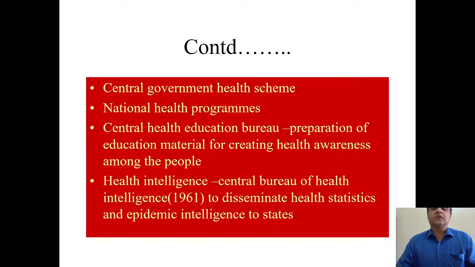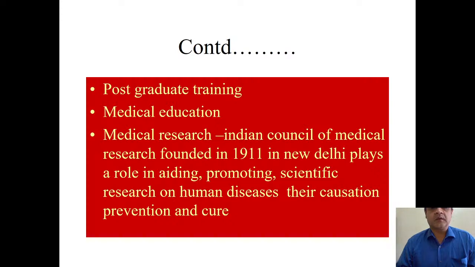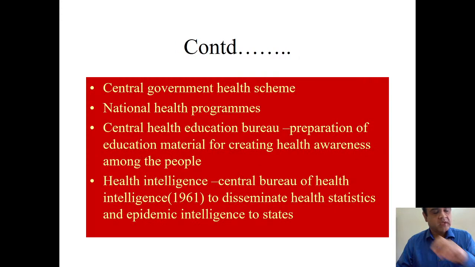Central government health scheme, National Health Program, Central Health Education Bureau, for producing education material for creating health awareness among poor people. Health intelligence, that is the Central Bureau of Health Intelligence, which was formed in 1961 to disseminate health statistics and epidemic intelligence to states.